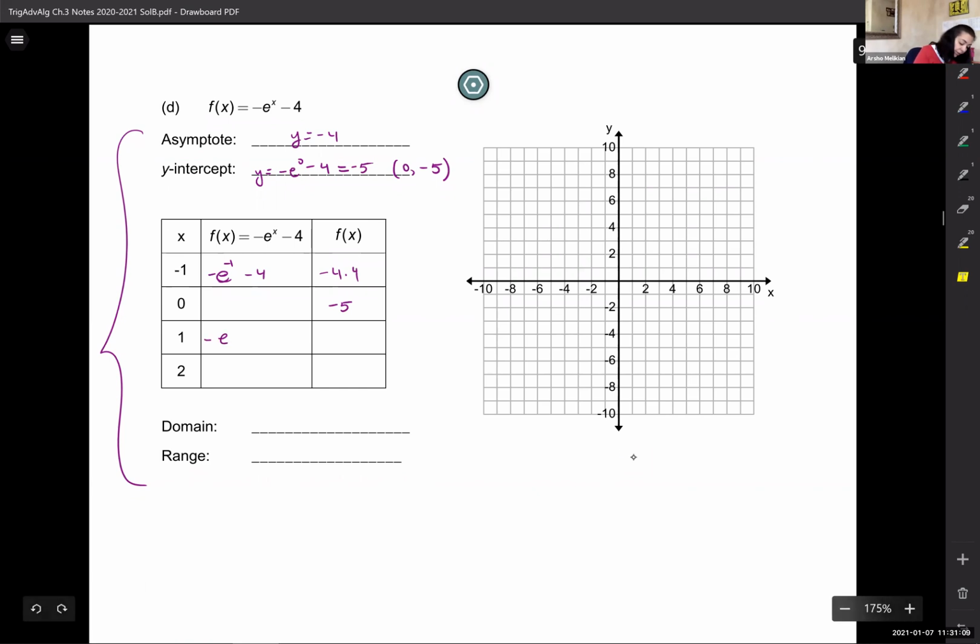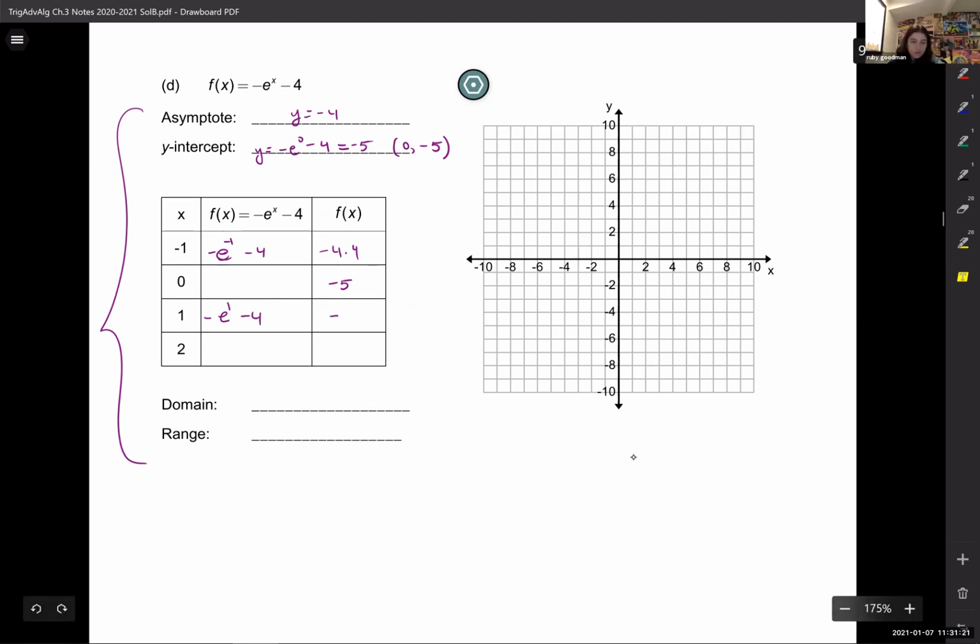And here, -e⁻1 -4. Who's got this one for me? Ruby? -6.7. Yes. And then -e² -4. That's going to be -11.4.